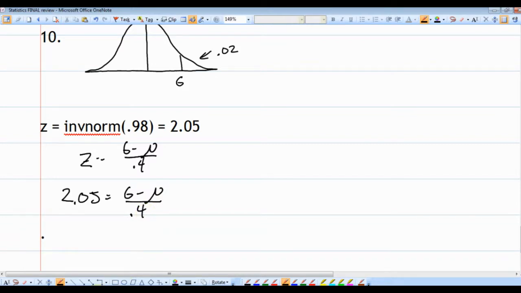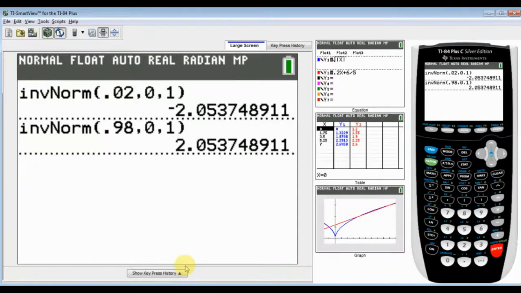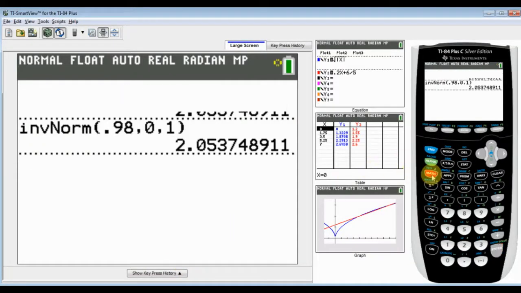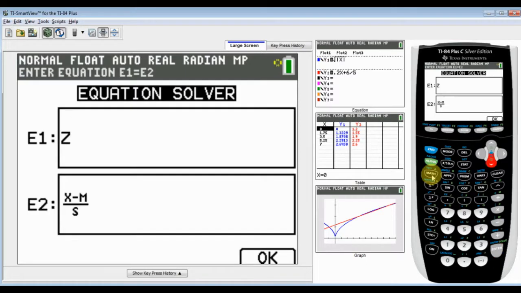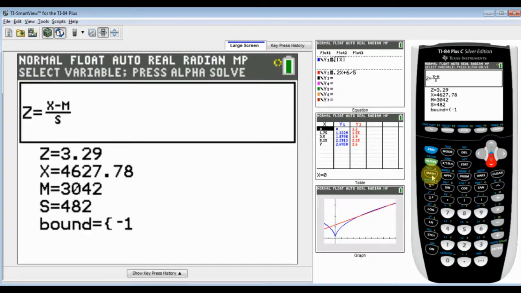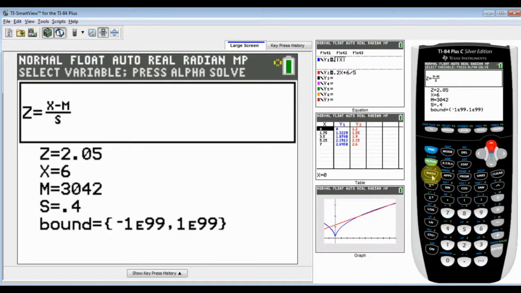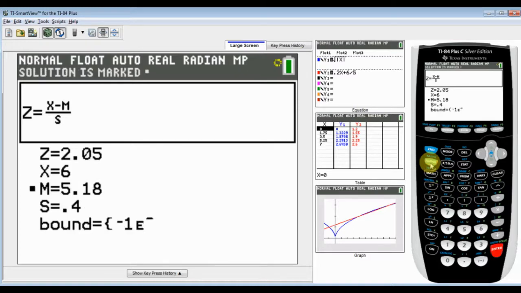And you know, I set my calculator to do this for me. Let's see. Yeah, that's right. So the z-score is 2.05. X is 6. The mean is unknown. Standard deviation is 0.4. And the mean is 5.18.